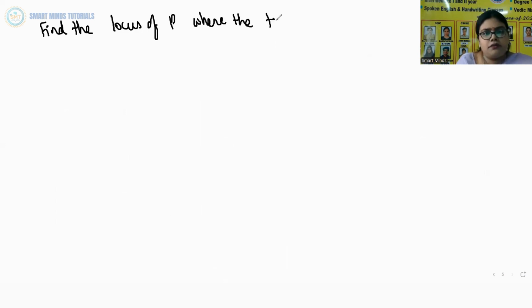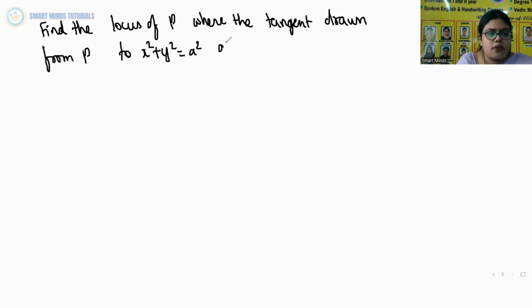This is also important. Find the locus of P where the tangents drawn from P to x square plus y square is equal to a square are perpendicular to each other.